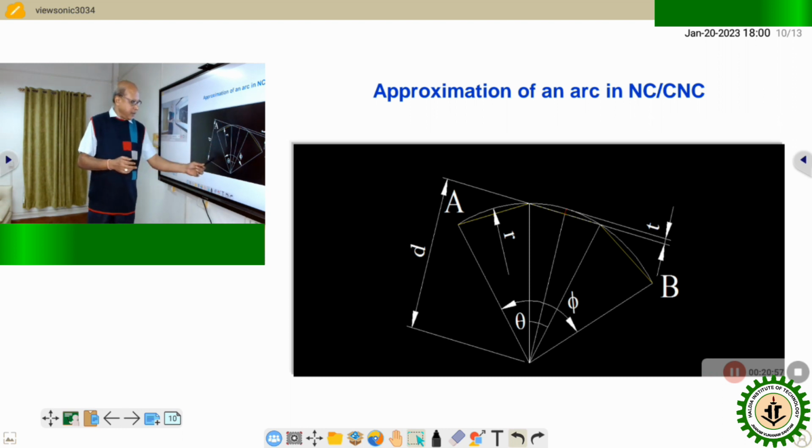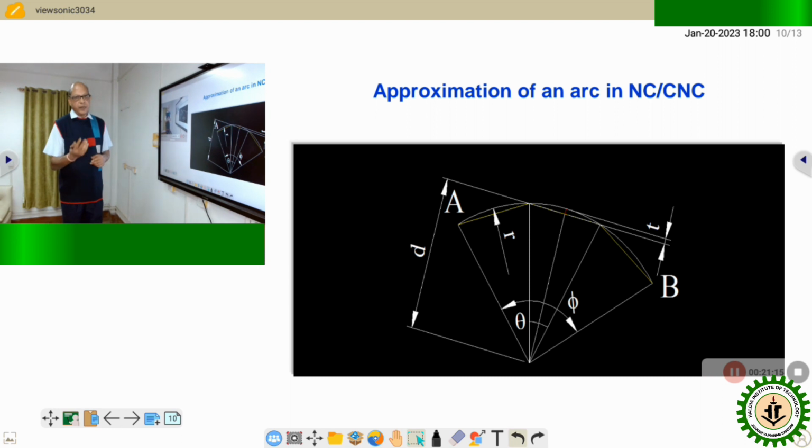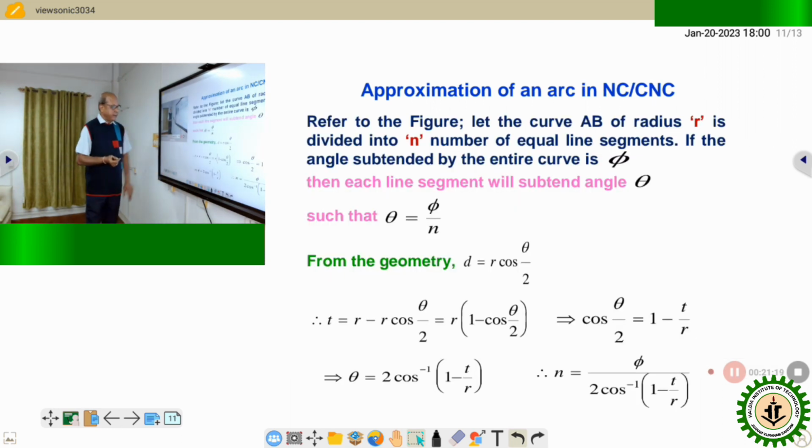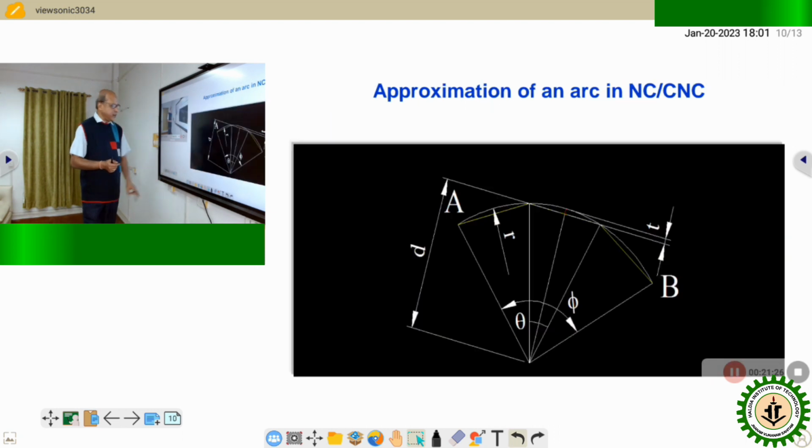Generically, if the number of line segments is n, then theta will be equal to phi by n. For example, if phi is 60 degrees and there are three line segments, then the angle for each chord segment will be 60 by 3, that is 20 degrees. So generically theta equals phi by n, which is what is written over here. Now from the geometry it is also very clear what this distance d will be.